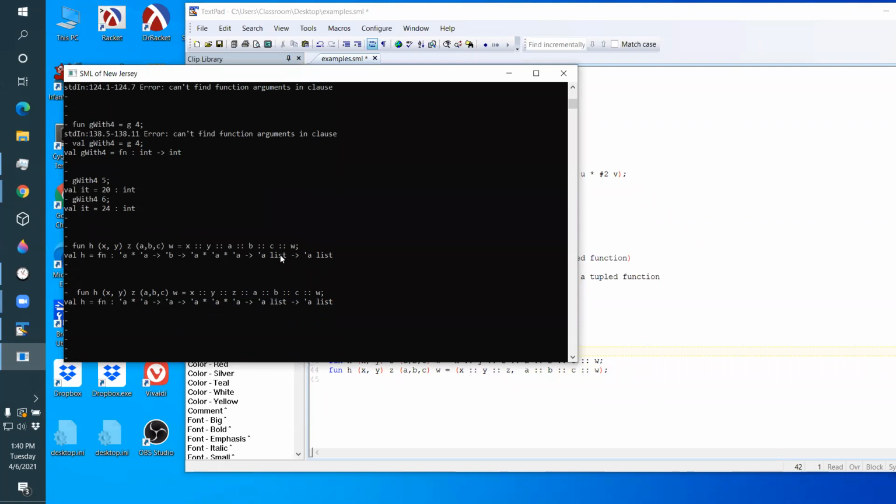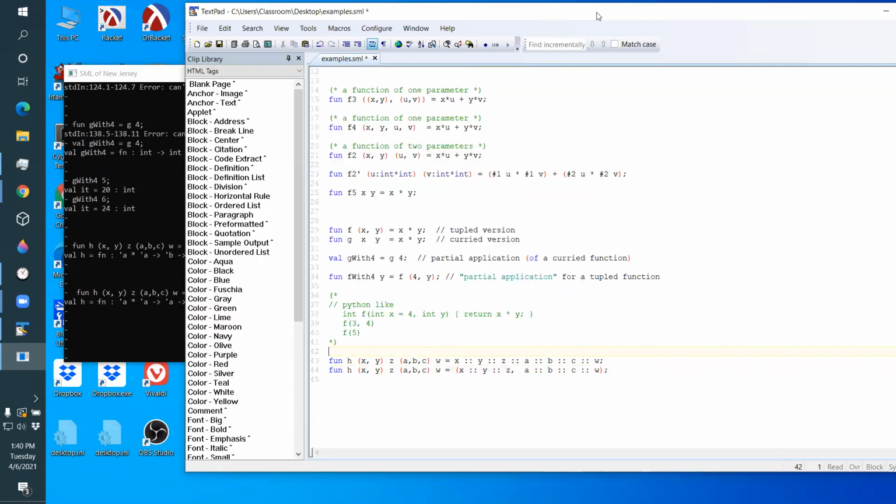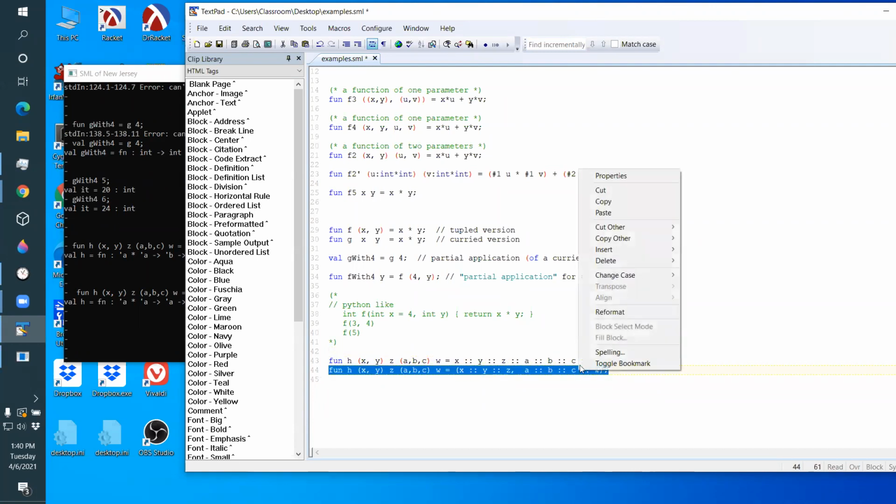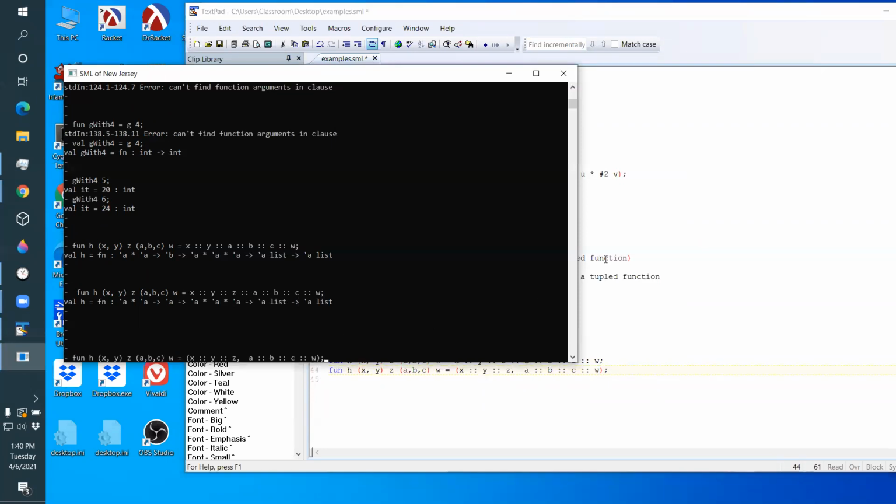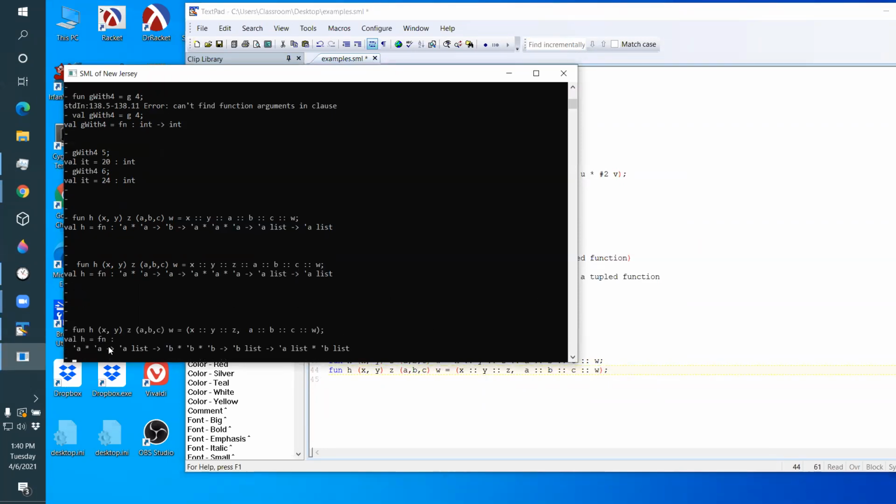My key is really, now, 1, 2, 3, 4 arrows tells me that there's 4 inputs.